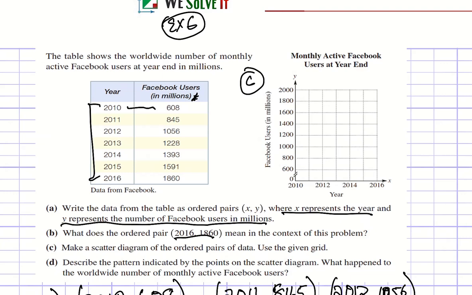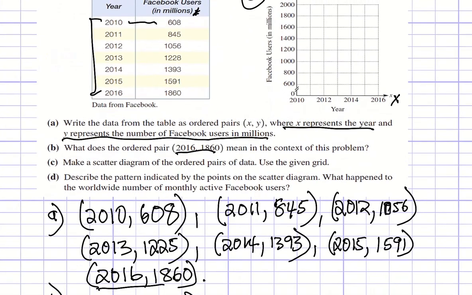We're going to have a course in statistics. So this is the x-axis right there, and this is the y-axis, the two variables, because this problem has two variables. So 2010, 608 right there. This is the year here.